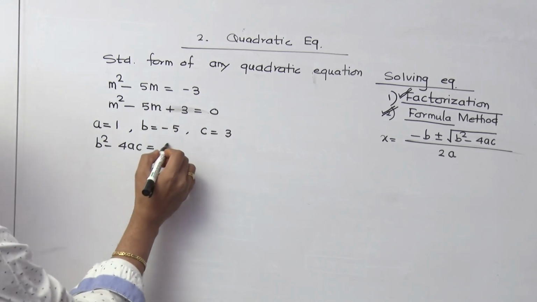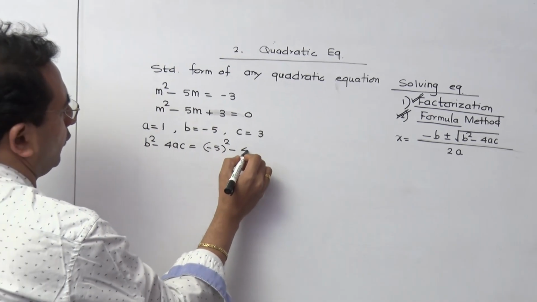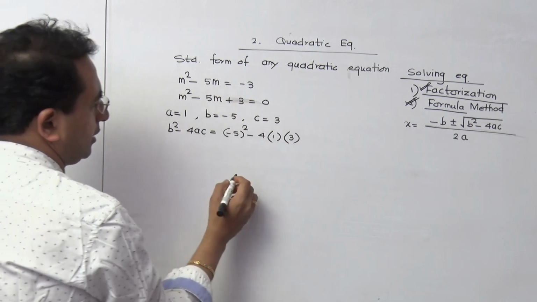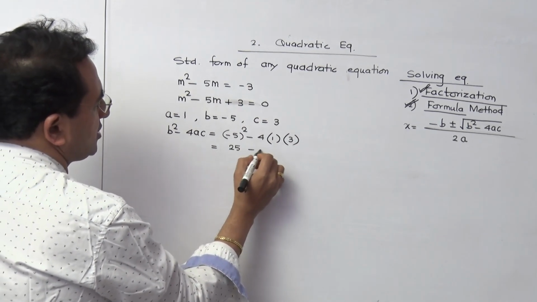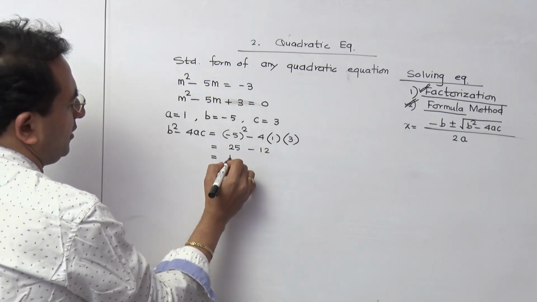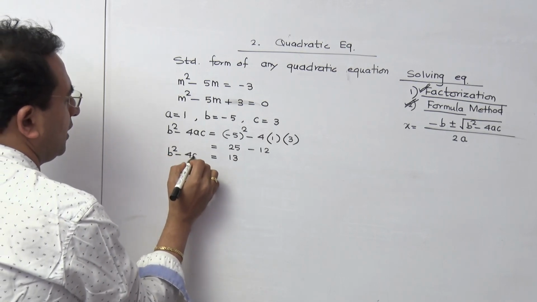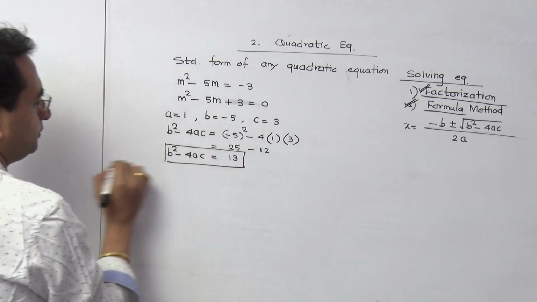Now what is that? b square means what? Minus 5 bracket square minus 4 into a, that is 1, into c, that is 3. So this value will be 25. This is going to be 12. So your answer for b square minus 4ac is coming as 13. Now this value we are keeping ready for our calculation.